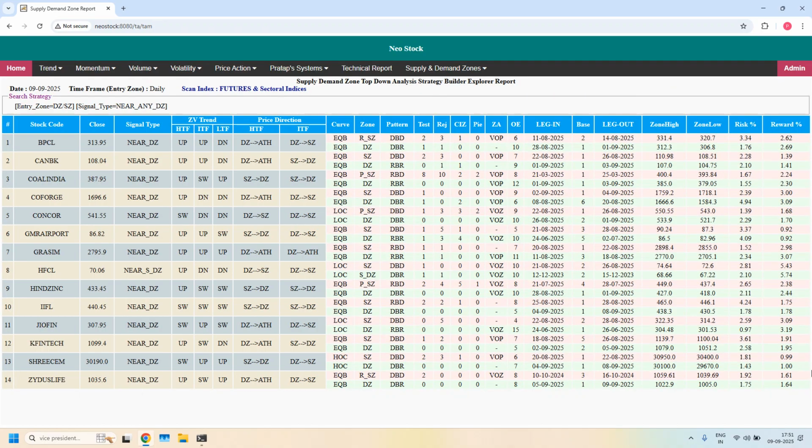Okay, daily time frame, stocks near to the daily demand zone. We got 14 stocks. Let us identify daily high liquidity demand zones from this list. HFCL is having a daily high liquidity demand zone. That's it. We got only one daily high liquidity demand zone from this list.